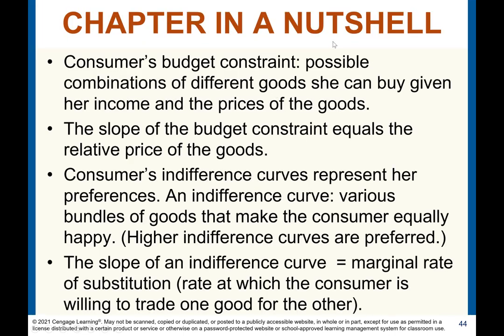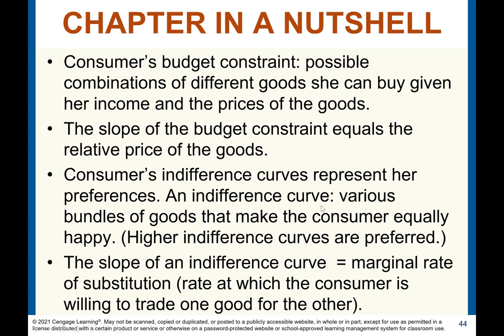Chapter in a nutshell. The consumer's budget constraint shows the possible combinations of different goods she can buy given her income and the price of the goods. The slope of the budget constraint equals the relative price of the goods. The consumer's indifference curves represent her preferences.